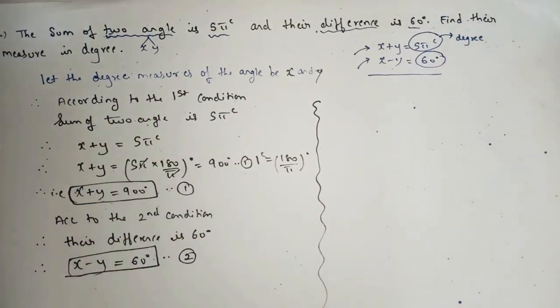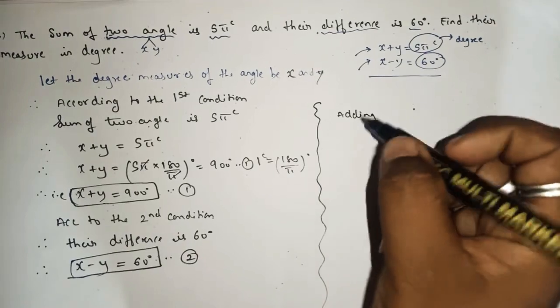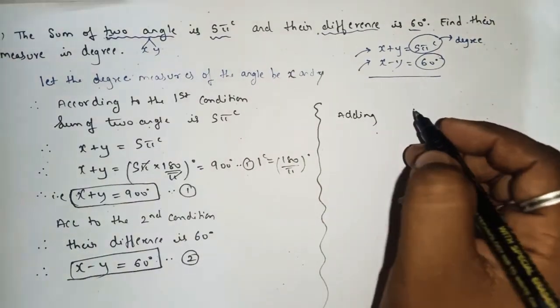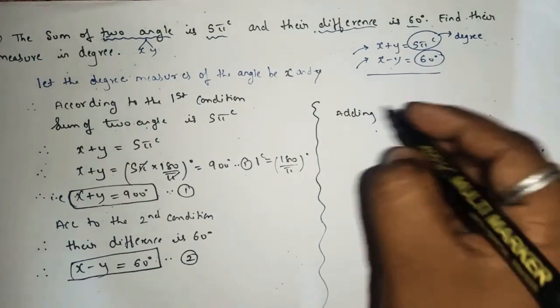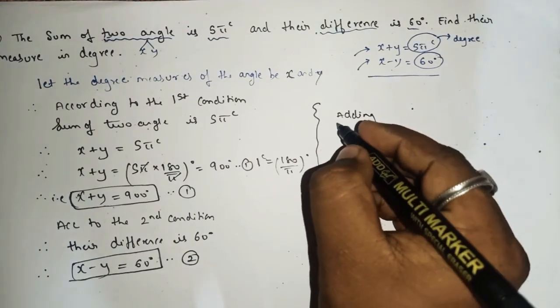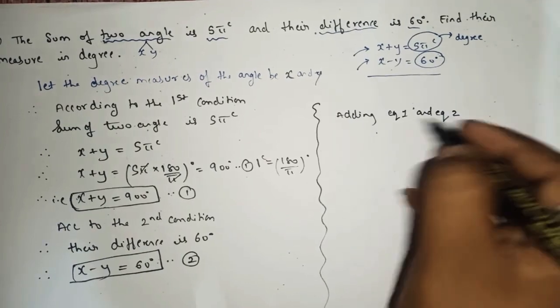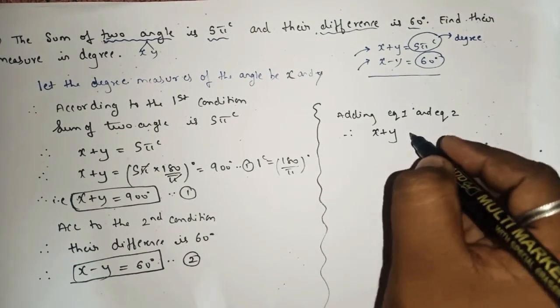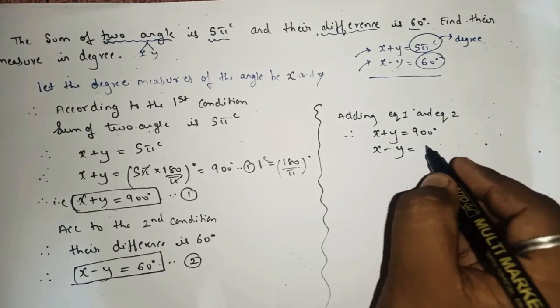And I hope you all might be knowing how to solve linear equations simultaneously. So we'll add these two equations. Why adding? Because this y will get cancelled here. It is up to you, you can add both equations or subtract also. Adding equation number 1 and equation number 2: x plus y equals 900, and second is x minus y equals 60.